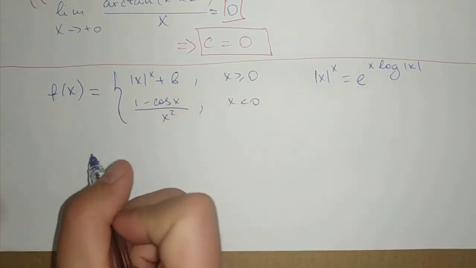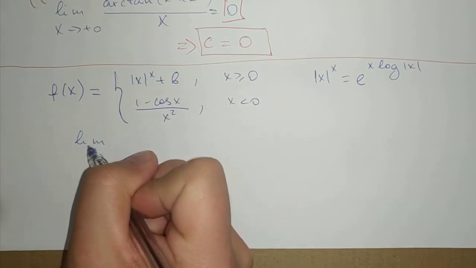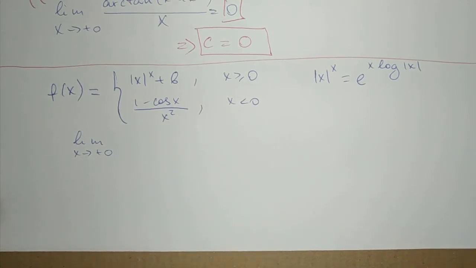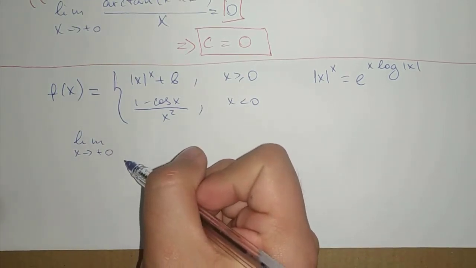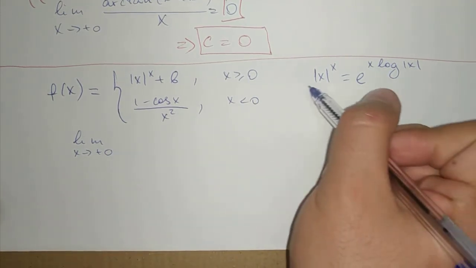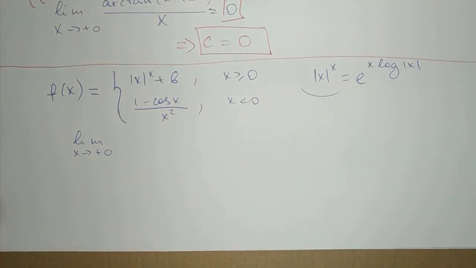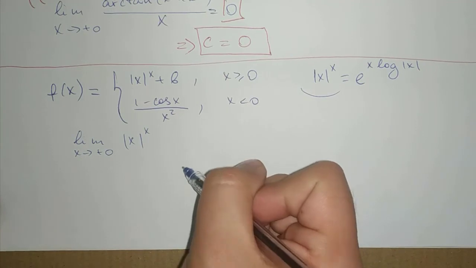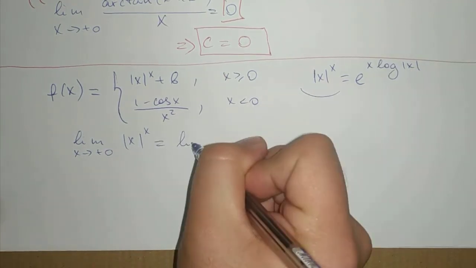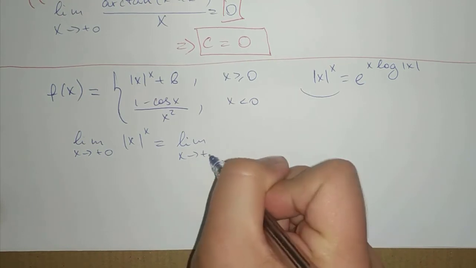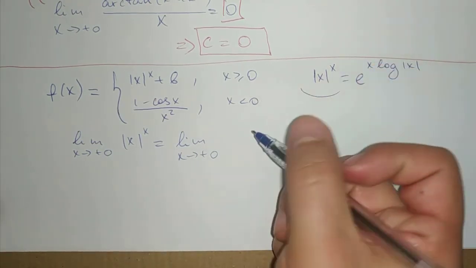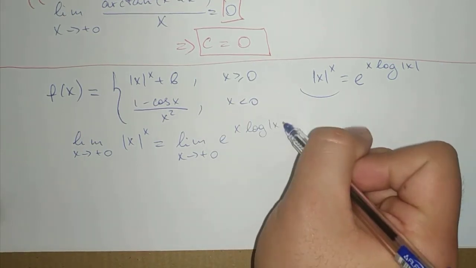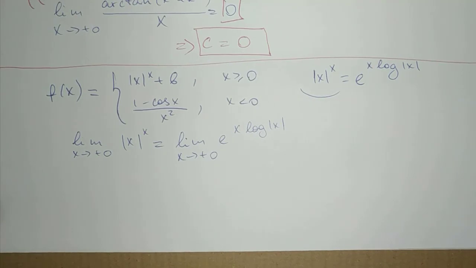So it is limit as x tends to plus 0. First let's calculate the right side limit of this one. It is absolute value x to the power of x. So if we continue, let's use this equality, and we have e to the power of x logarithm of absolute value of x.